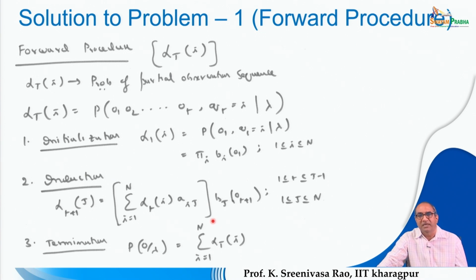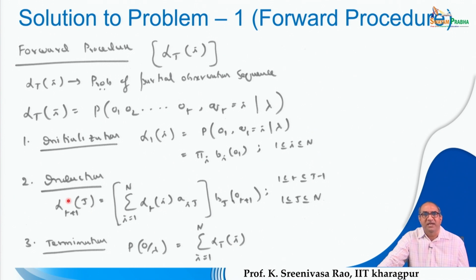That means alpha T of i is the probability of the observation sequence after observing the entire sequence, with the system at time T being in state i. We are not bothered about the previous observations; at time T the system should be in state i.